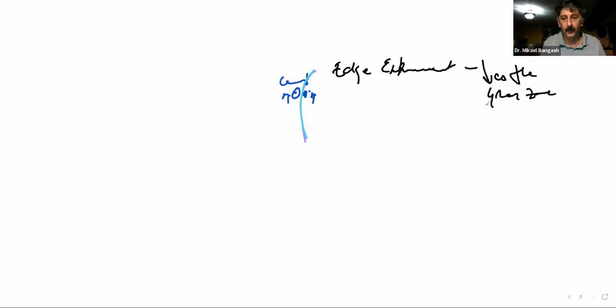Now the word gray zone just means where it's hard to determine: is this dark, is this light? Or just like somebody said, well, this thing here is not crystal clear. I still don't get it. I'm still in that gray zone.